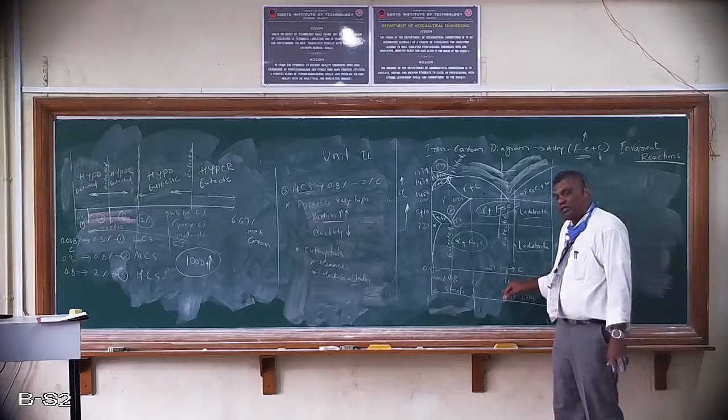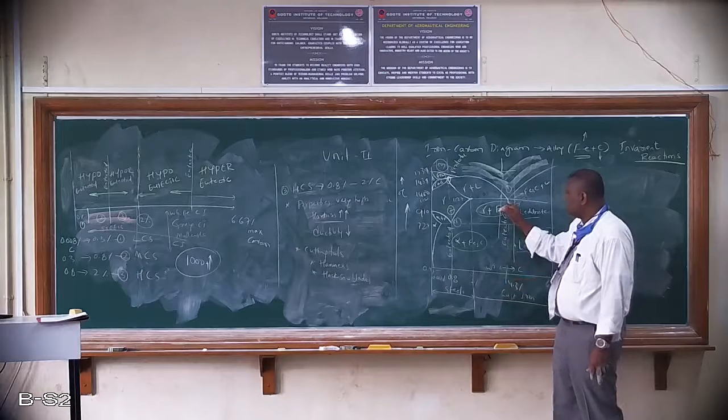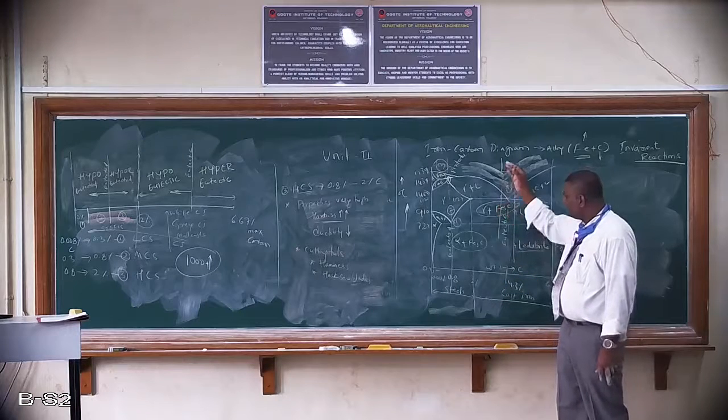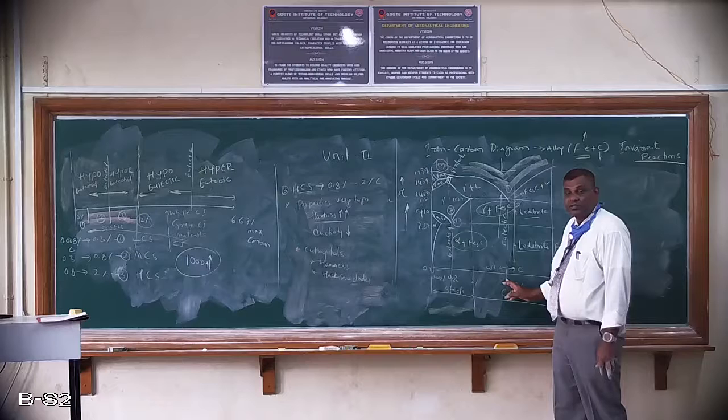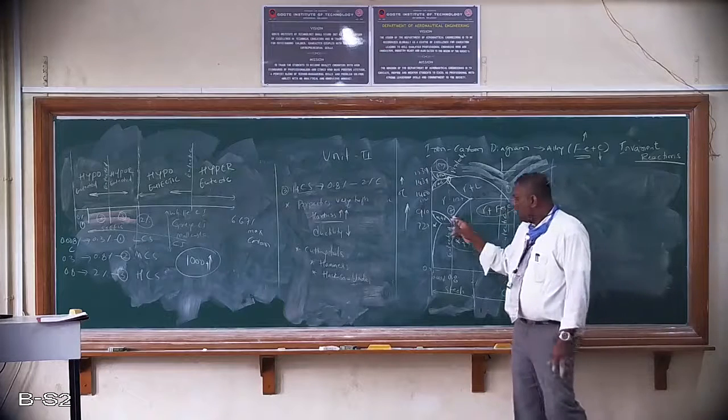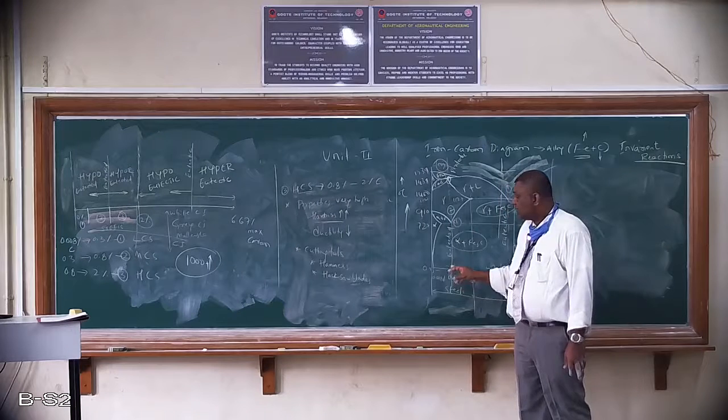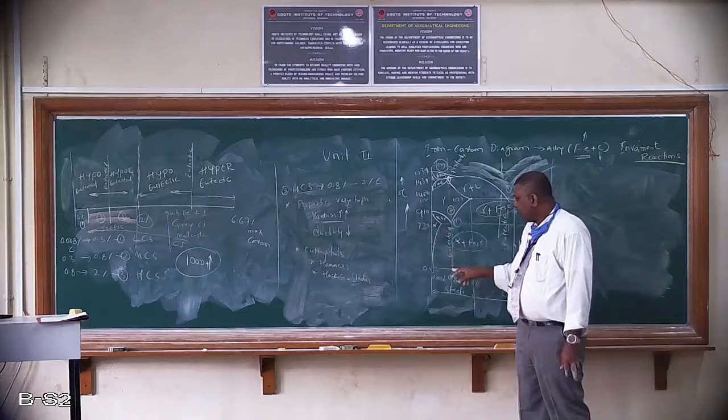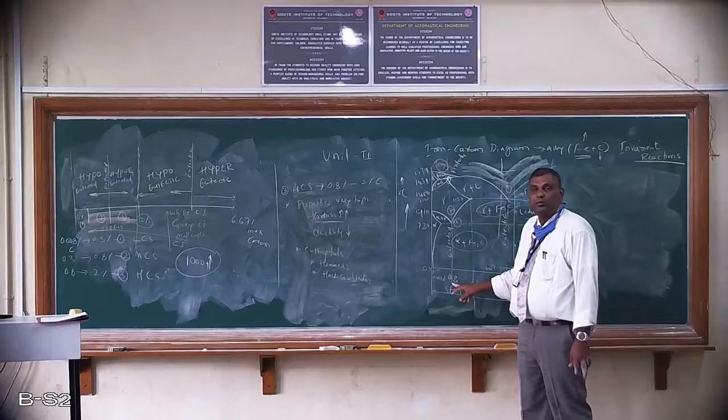At 4.3% carbon and 1127 degrees, the first reaction occurs, that is the eutectic reaction. The eutectoid reaction occurs at 727 and at 0.8%.